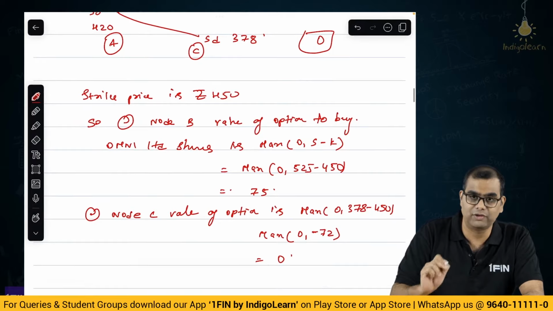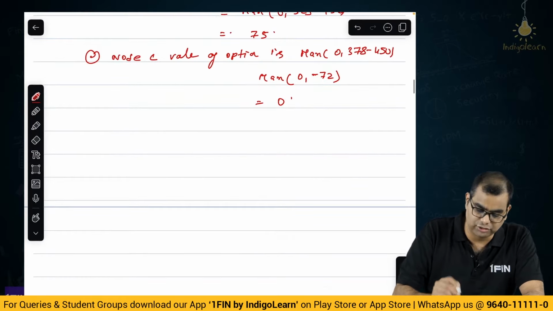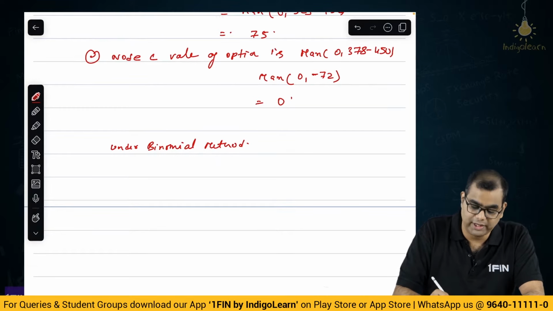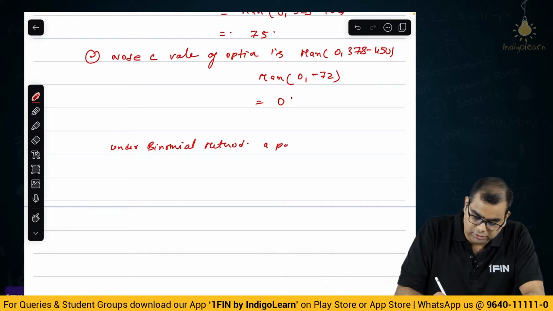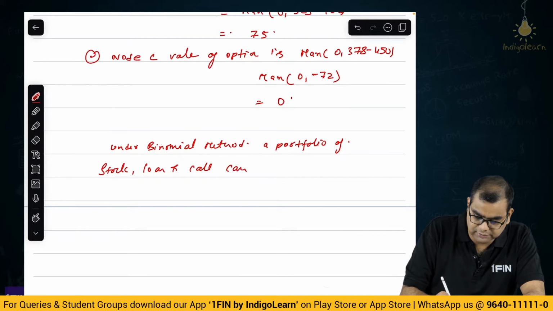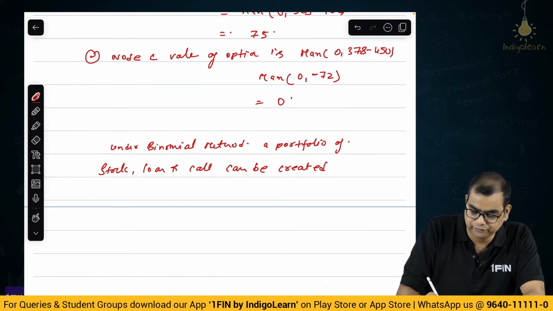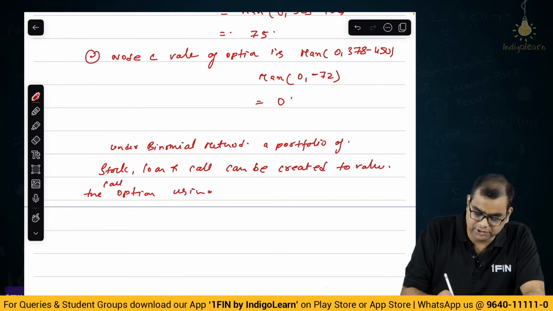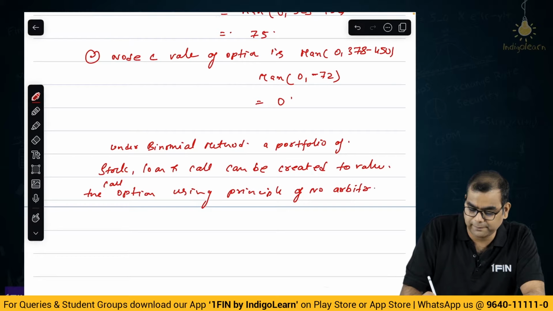Okay. Then once you have these two numbers, you should say: under the binomial method, a portfolio of stock, loan and call can be created to value the call option, using the principle of no arbitrage.